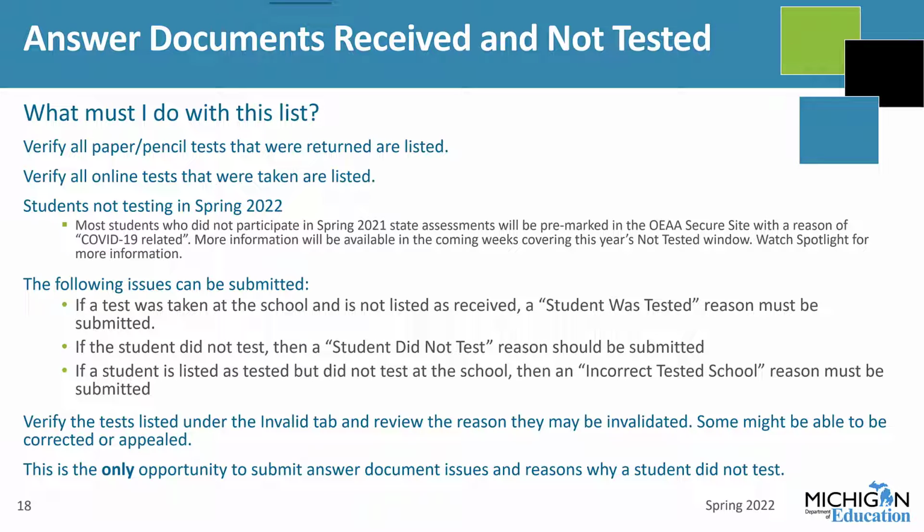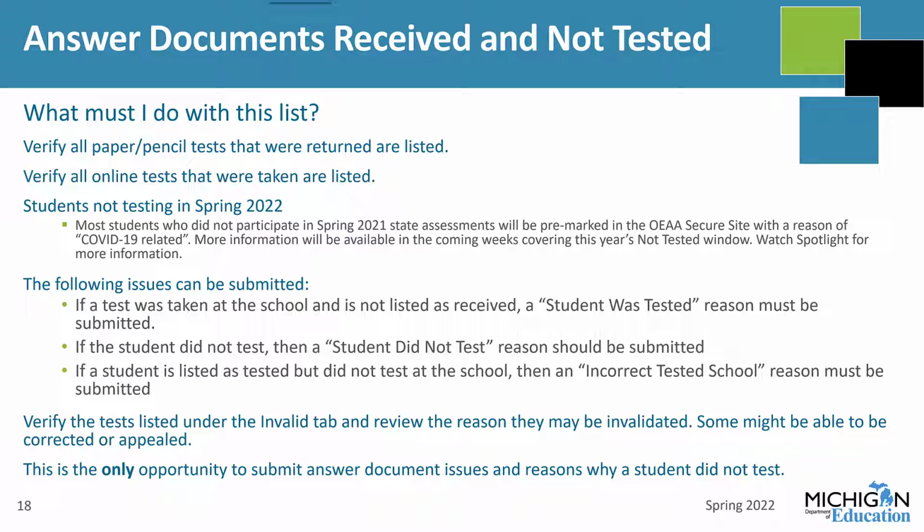So what do you do with this list? First, you need to verify that all of the listed paper pencil and all online tests that were taken are listed as having been received. This is the window when student not tested issues can be submitted. You need to do this if you have a student who tested at the school, but the list doesn't include the student.